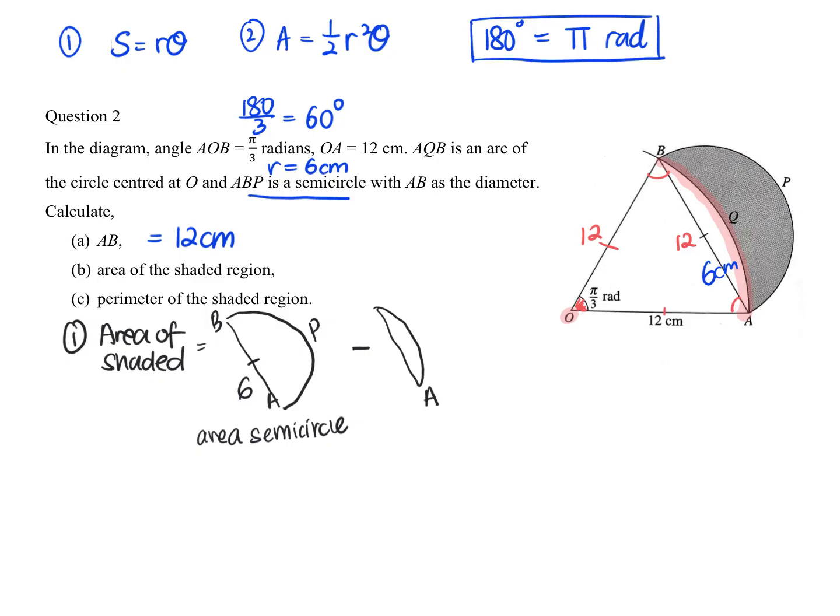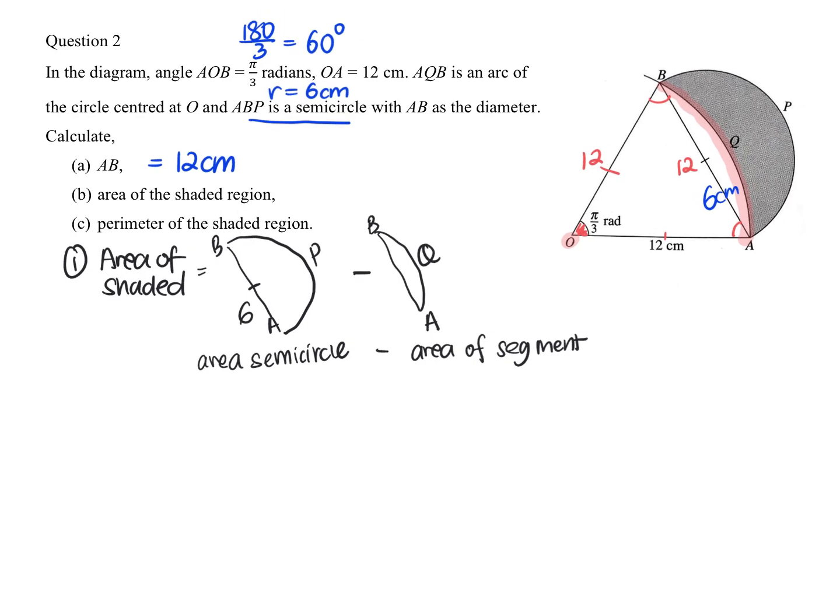A, B, Q over here. So subtract away the area of the segment. Okay, so our targets are very clear now. There are a few things that we need to find. Number one, we're going to find the area of a semicircle. The semicircle has radius 6 cm.